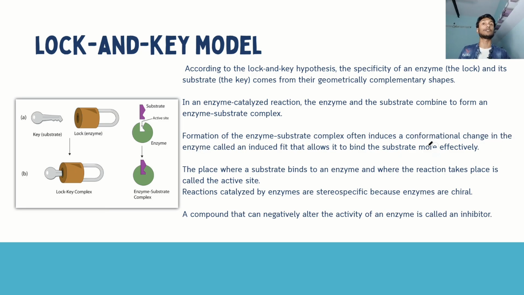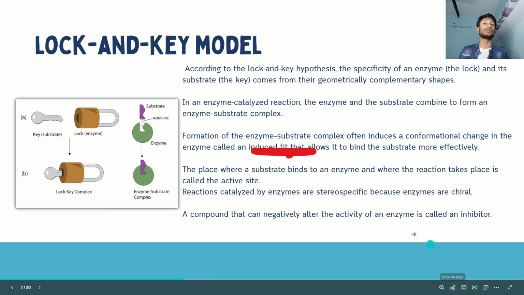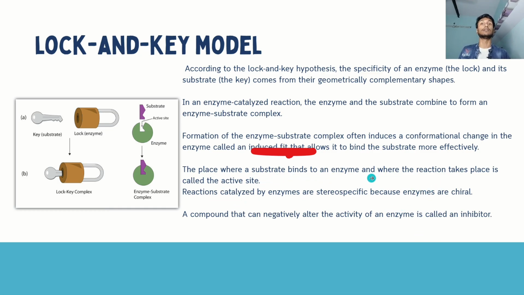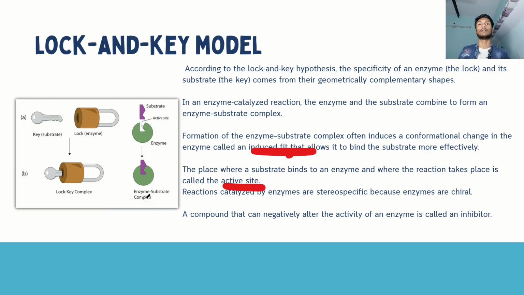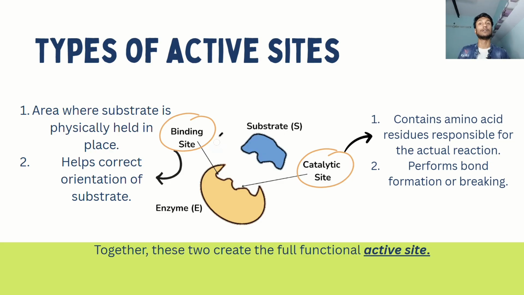Formation of an enzyme-substrate complex often introduces a conformational change in the enzyme called induced fit, that allows it to bind the substrate more effectively. The place where a substrate binds to an enzyme and where the reaction takes place is called the active site. So in this diagram we can see the binding site of the enzyme and substrate, which is known as the active site.